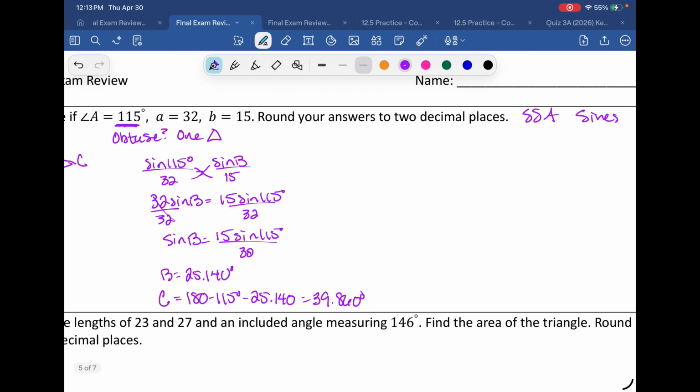So we're going to do sine 115 over 32. That's the side that's given. And we're going to do sine 39.860 over side C. Cross multiply.